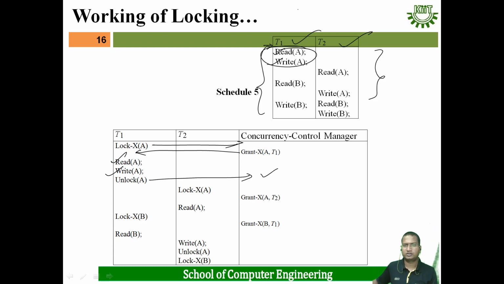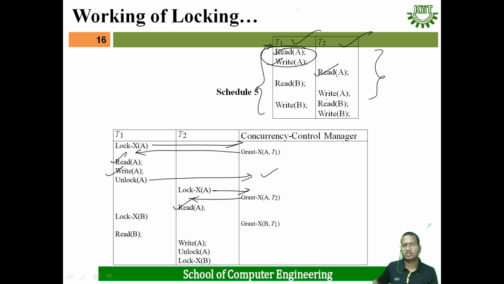Then suppose T2 wants to execute this instruction. As a read and write is there, T2 will request an exclusive lock on A. As no lock is applied on A, the concurrency control manager will grant that lock. Then the read A operation will be executed.